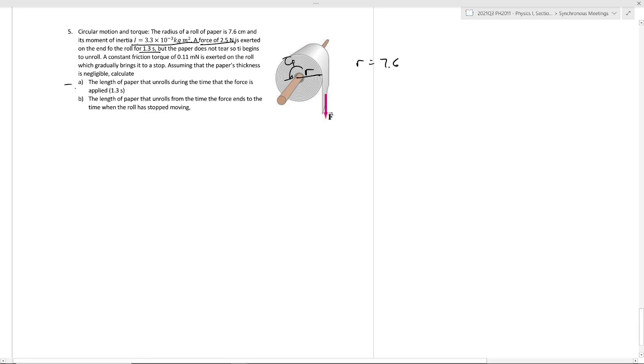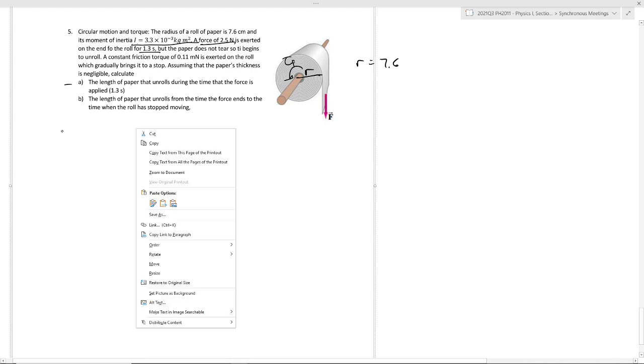We want to figure out in the time that you're applying the force, so in that 1.3 seconds, how much does it unroll? And then that frictional torque is going to continue after you've spun it up to speed, so we want to figure out how long it is going to continue to roll as it slows down and comes to a stop.